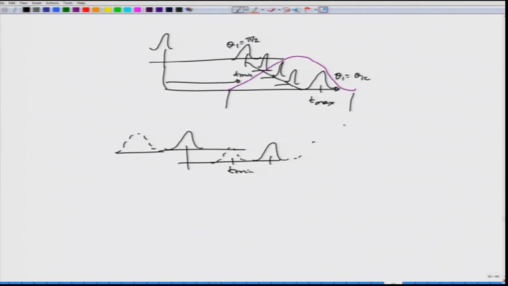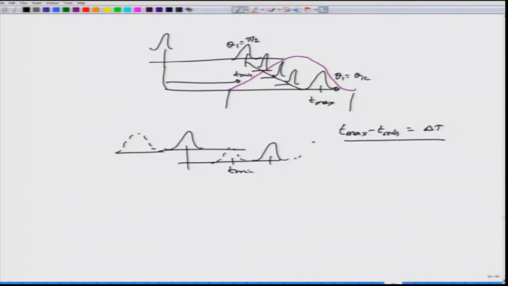At least I have to wait for a time duration of T max minus T min, which is the amount by which it is broadening, right. So, I have to wait until this time delta t before another pulse can be launched. Because this T max minus T min, which is essentially determining the amount of pulse broadening, is coming because of multiple modes, same information carried by multiple modes of the fiber.